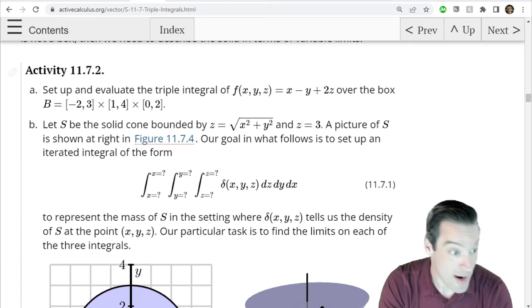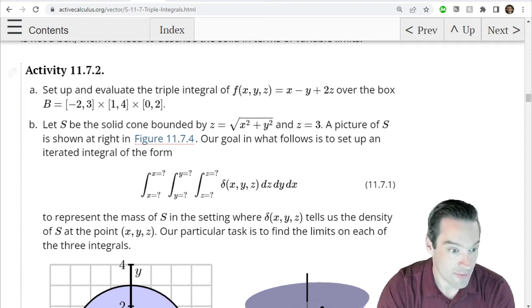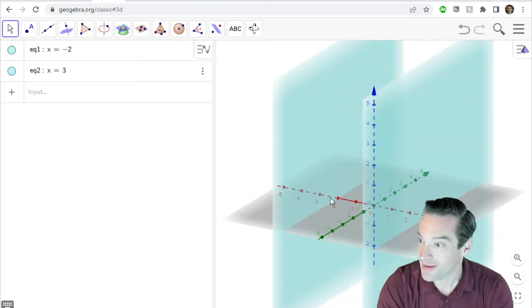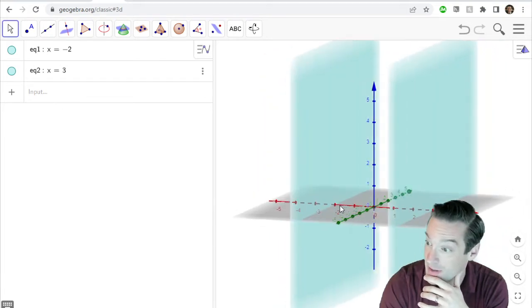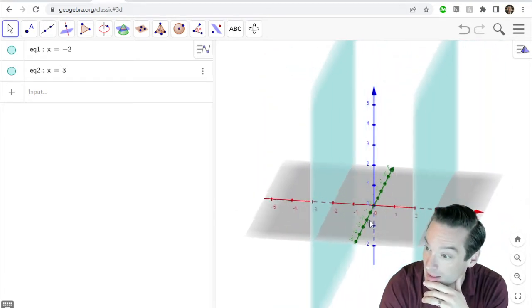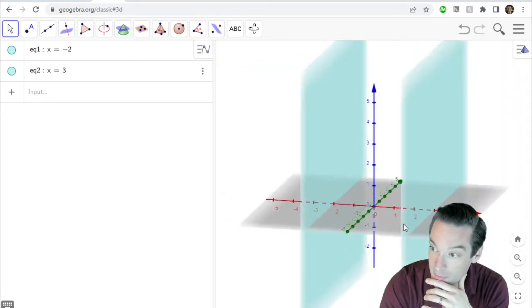Right? So bounding x between -2 and +3 is telling us that our x variable is going to be trapped in between these two parallel planes in xyz space: the plane x equals -2, which is the one on the left there, and the plane x equals +3, the one on the right.